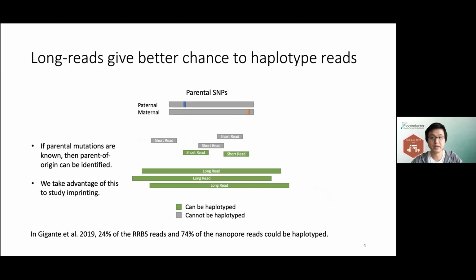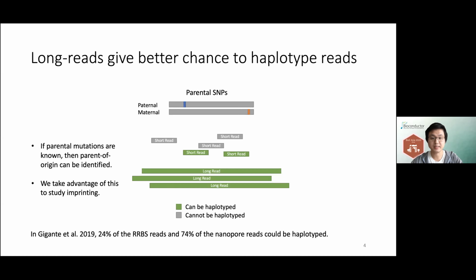Having these long reads gives us quite a significant advantage for the things that we're trying to study, compared to previous technologies using short reads to study methylation. Because having long reads gives us a significantly better chance of haplotyping a particular read, that's figuring out which parent that DNA fragment came from.